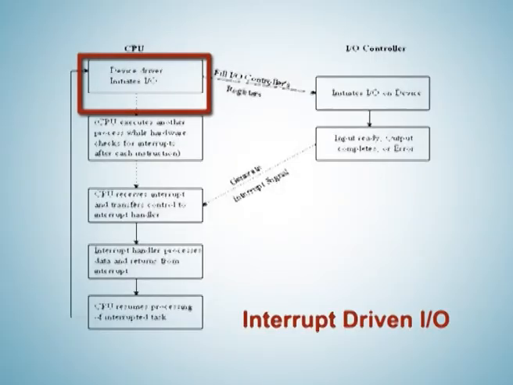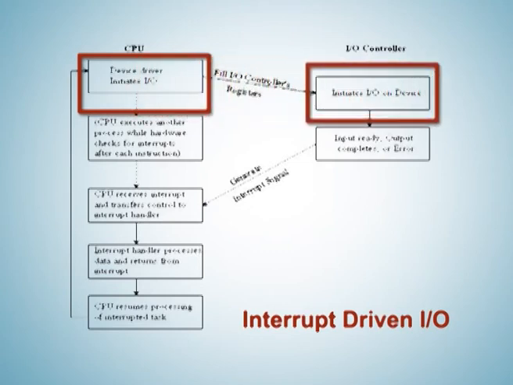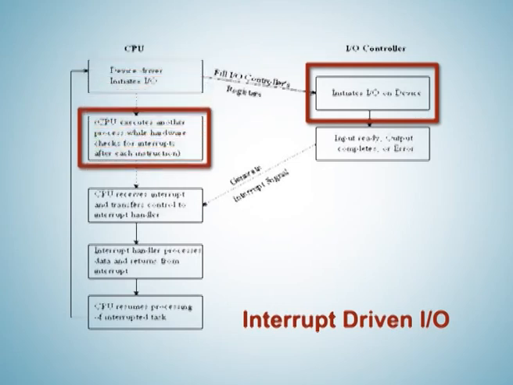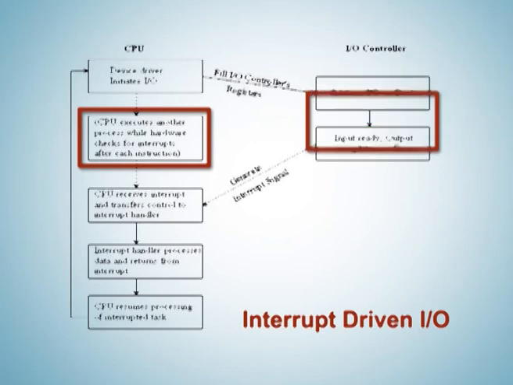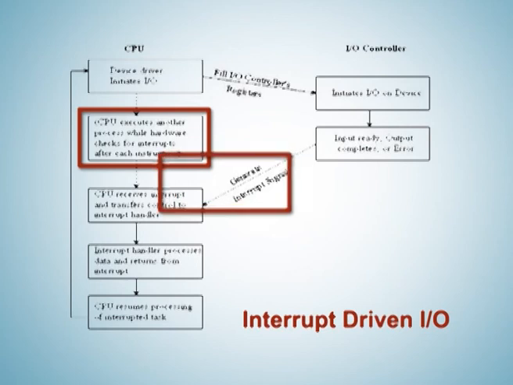For input, the processor issues a read command. The processor knows that the device is slower and may take its own time to deliver data. Meanwhile, it switches to some other program instead of waiting for the device. When the device is ready to deliver data, it sends an interrupt signal to the CPU.